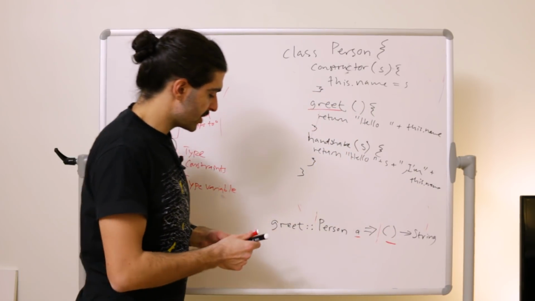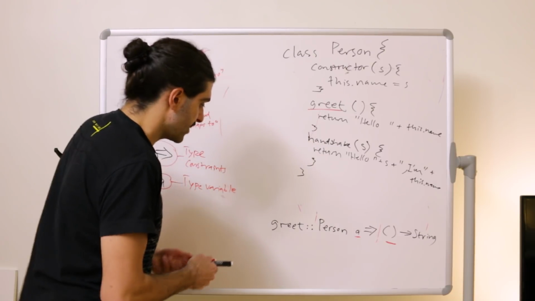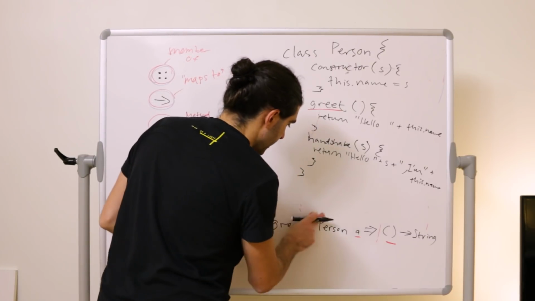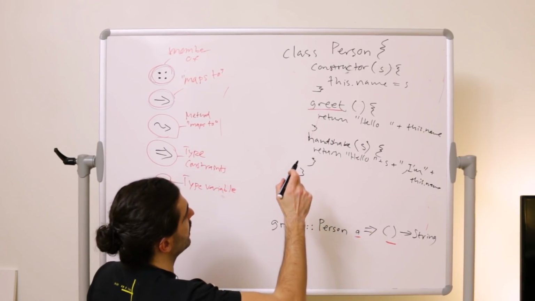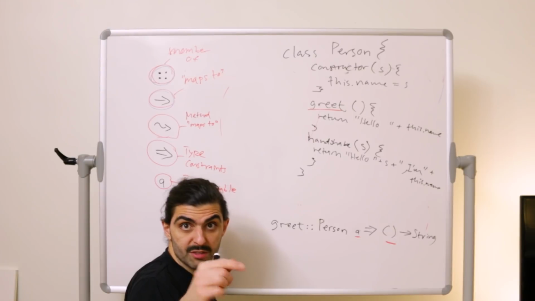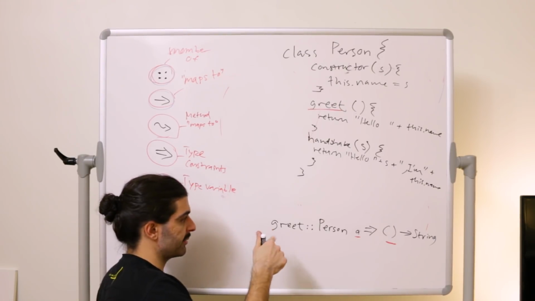So what would the type definition of that thing be? The type definition would be this. We have greet here, and let's now define handshake. By the way, do pause the video and try this out on your own, and then restart and see if you got it right.